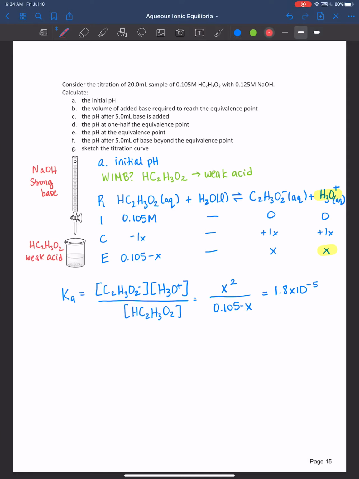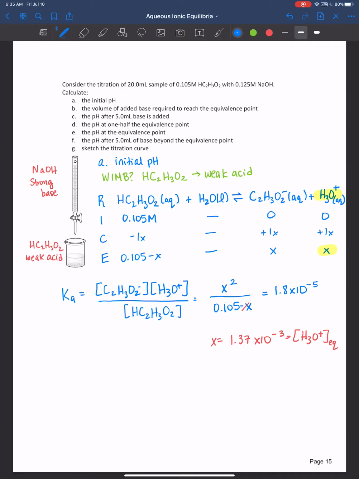We will assume that x is small enough to ignore because we see that the initial concentration is significantly larger than the Ka value. So in this case, x is equal to 1.37 times 10 to the negative third. And as we recognize from the RICE table, that's also equal to the hydronium ion concentration at equilibrium.